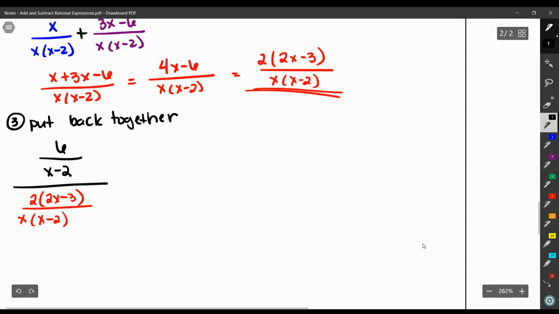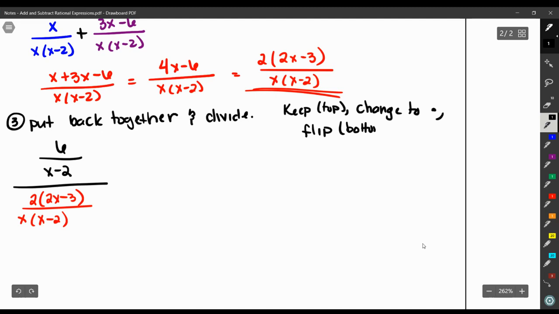Now, when you put it back together, we want to actually divide these fractions out because that's what a fraction in a fraction is. This is saying 6 over x minus 2 divided by all of this fraction on the bottom. So remember, when we divide fractions, we keep the first fraction, so in this case, the top, change to multiplication, then flip the second fraction, which in this case is the bottom.